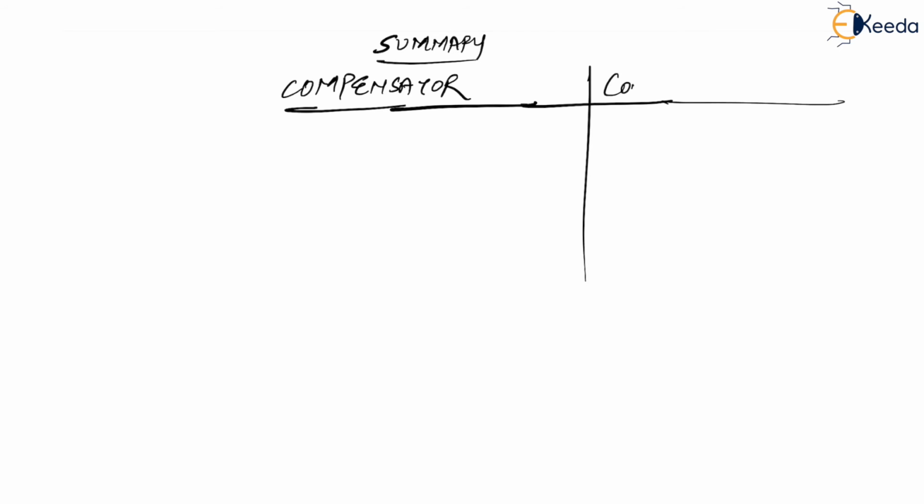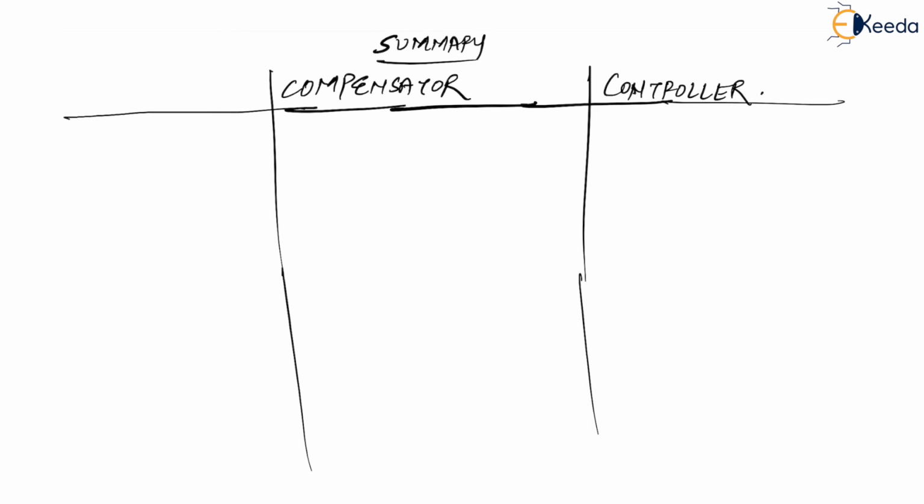Okay? Yes. Summary. Let me write compensators, controllers. What happens when my compensator is lag? In lag compensator, we have seen that omega GC reduces, bandwidth reduces, phase margin reduces, gain margin reduces.